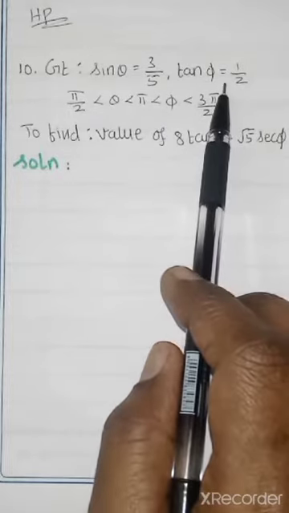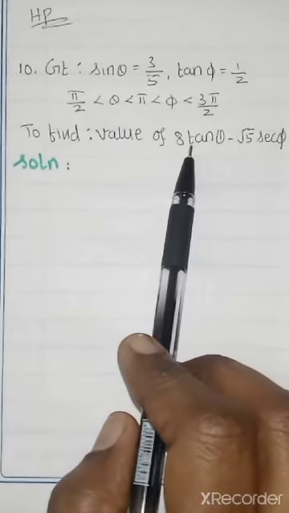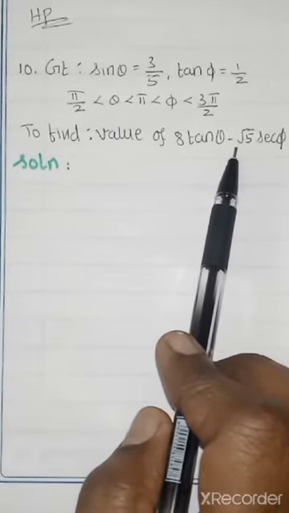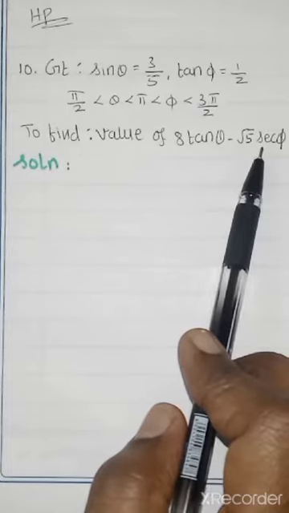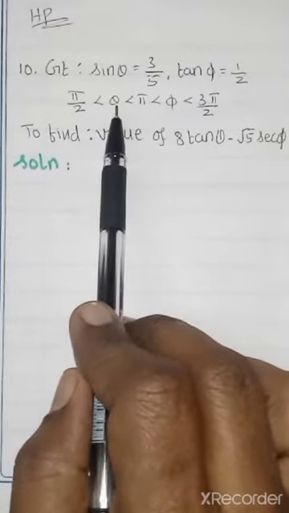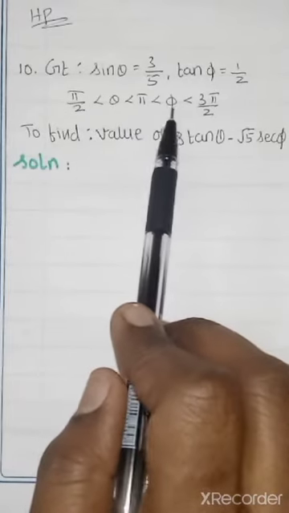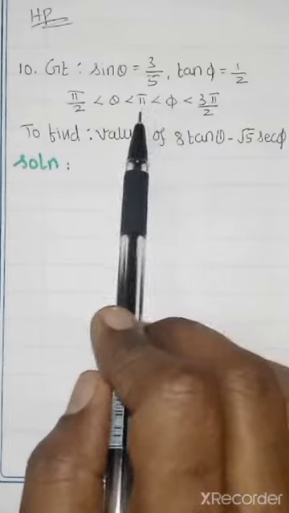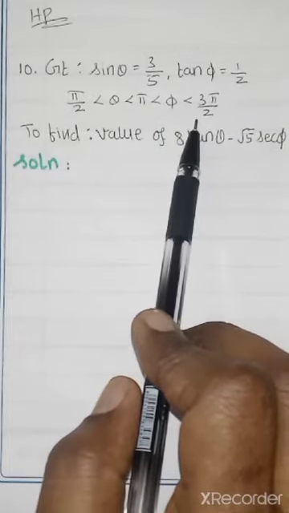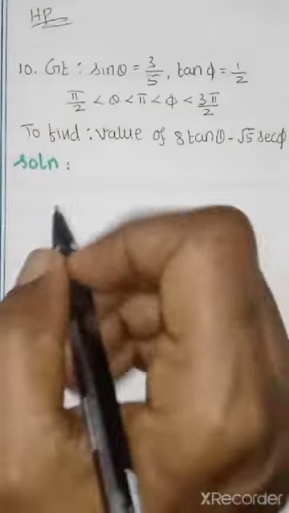Using these two values, we want to find out the value of 8 tan θ minus root 5 sec θ. And the condition given is that θ lies between π by 2 and π, and φ lies between π and 3π by 2. Okay, let's see the solution.